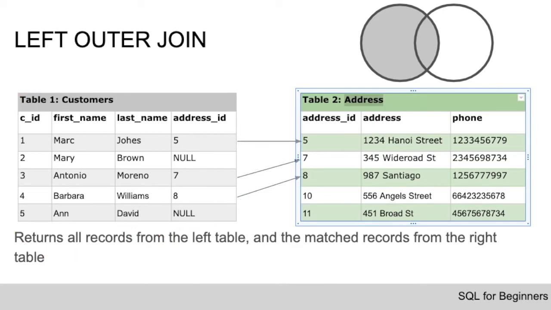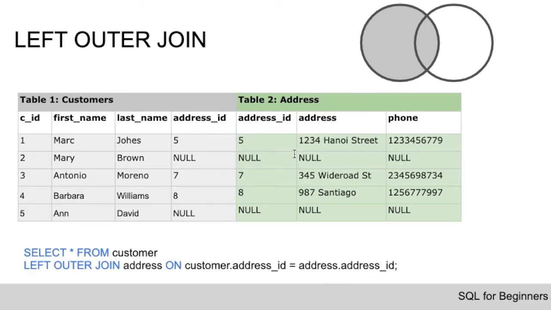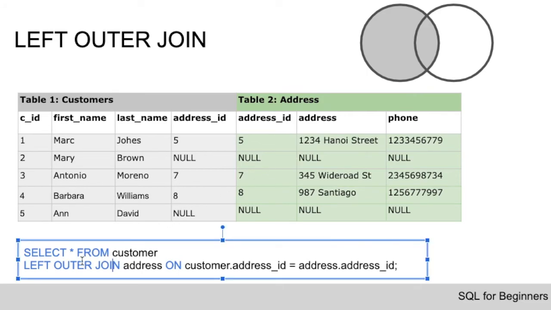Okay, now in this slide we can see that it's going to return only the 3 rows from table number 2 and the entire customers table. And this is how it's going to look if we write this select statement with left outer join.